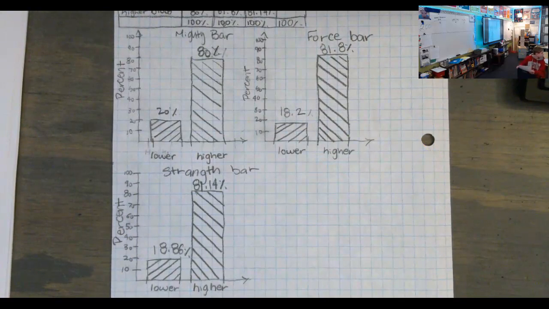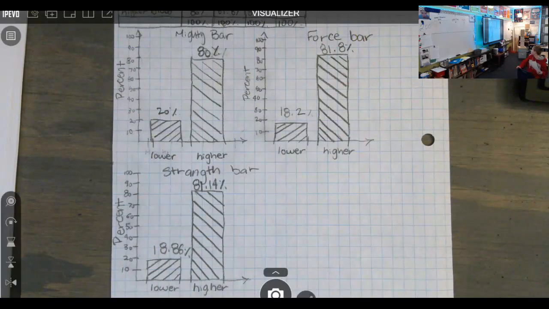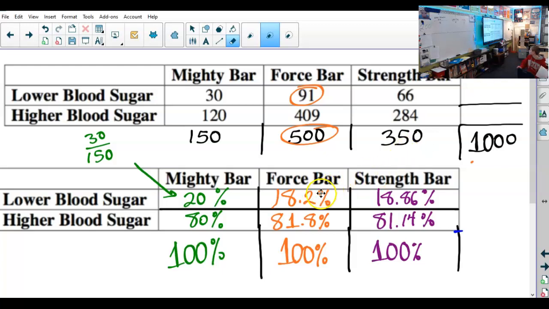Mine is slightly different. For the fourth bar, I got 18.8 and 81.2. Yeah. I got 18, at least I think. 91 divided by 500. Well, I don't know. Math is hard. 91 divided by... Wait. Yeah, this is 18.2. Oh, okay. Yeah, that is 18.2.